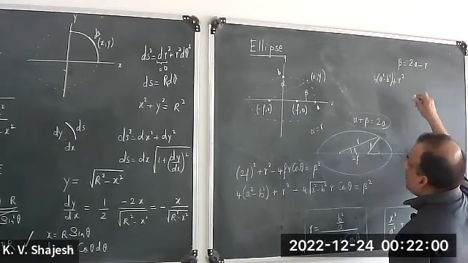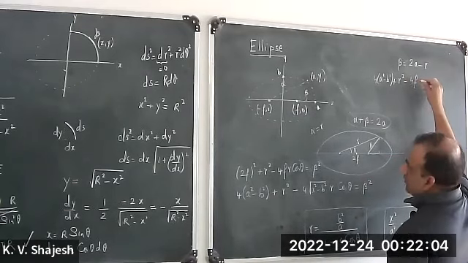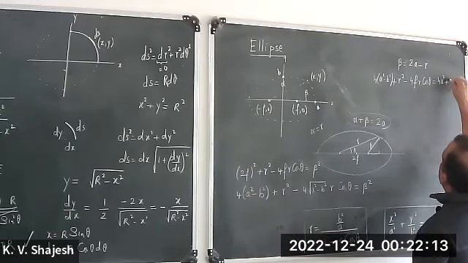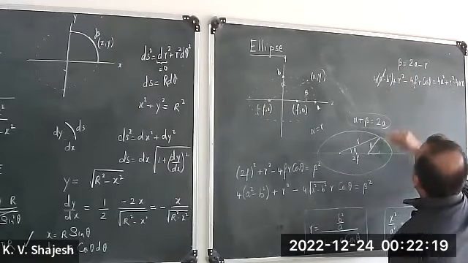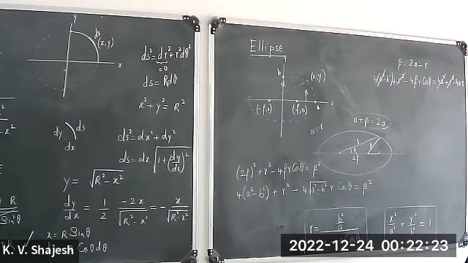R square cancels. Okay, this is it. So let me keep this as f. R cosine theta. I was just saying 4a square plus r square minus 4ar. 4a square cancels out, r square cancels out. Correct? I think that's all we need.